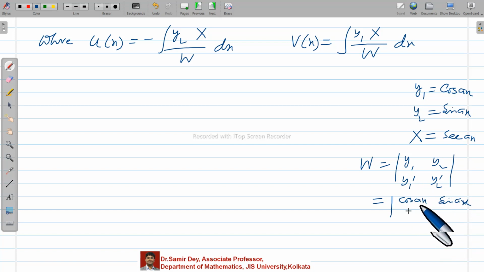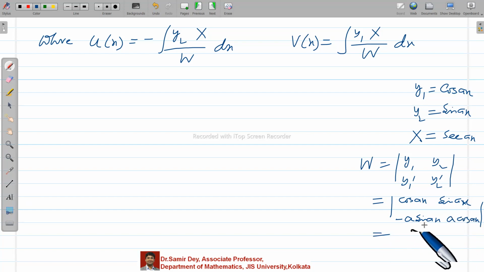Now if I differentiate this, it is coming minus a sin ax, correct? And here it is coming a cos ax. Is it clear? The derivative of cos ax is minus a sin ax, and the derivative of sin ax is a cos ax.